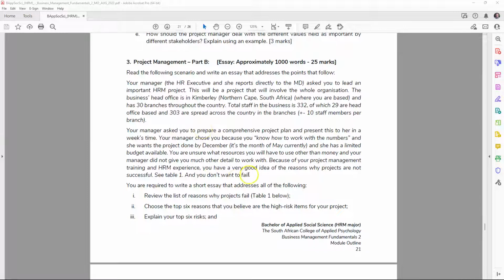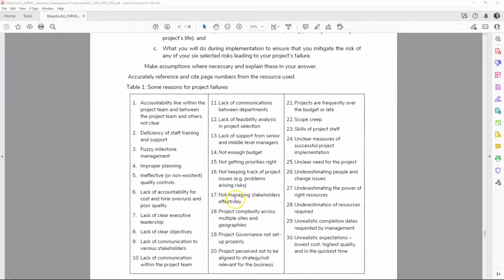So you don't want to fail, and for the assessment you are now required to write an essay that addresses all the following, and you would put yourself into a project manager role. Review the list of why projects fail, which are highlighted in that table.